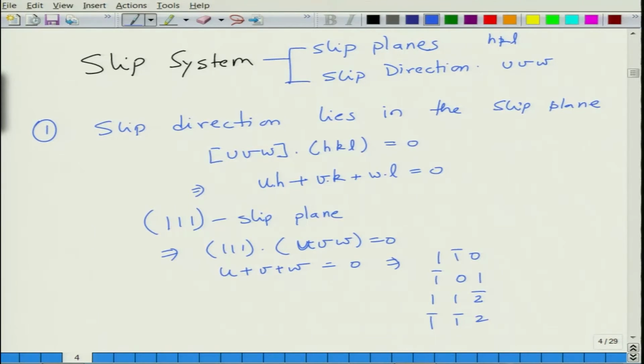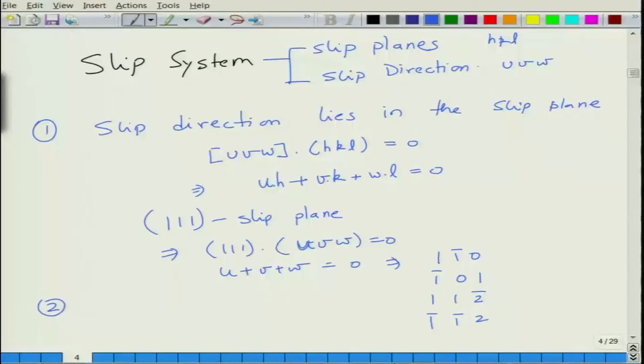So, what determines which of these directions will be the slip direction? The next thing is that the slip direction is a closed packed direction. It is the direction along which atoms touch.